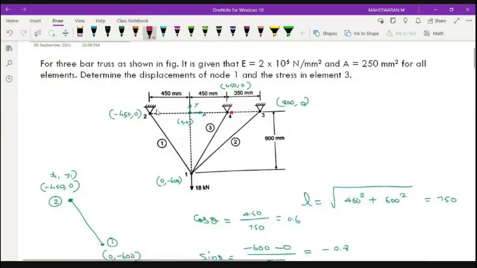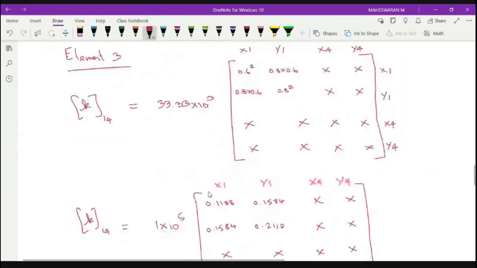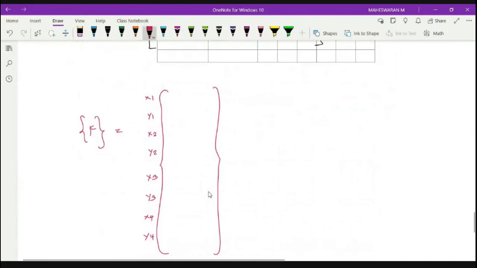This problem has only one force, acting downward in the y direction at nodal point 1. The other things are 0. So minus 18 into 10 power 3 will be in y1. Only in this data. Remaining all 0. No need to worry.